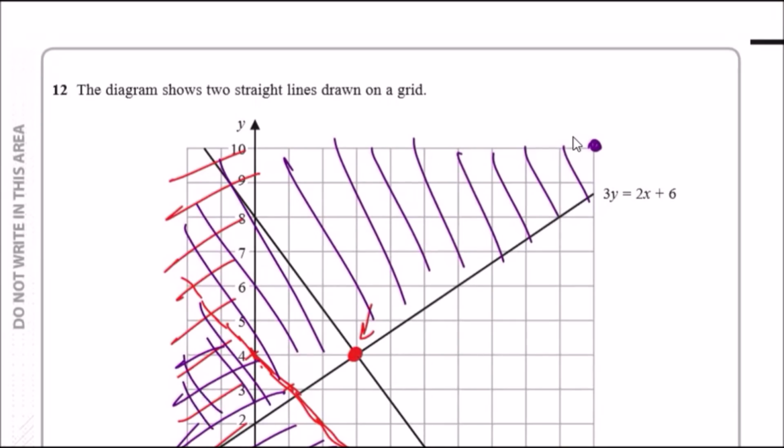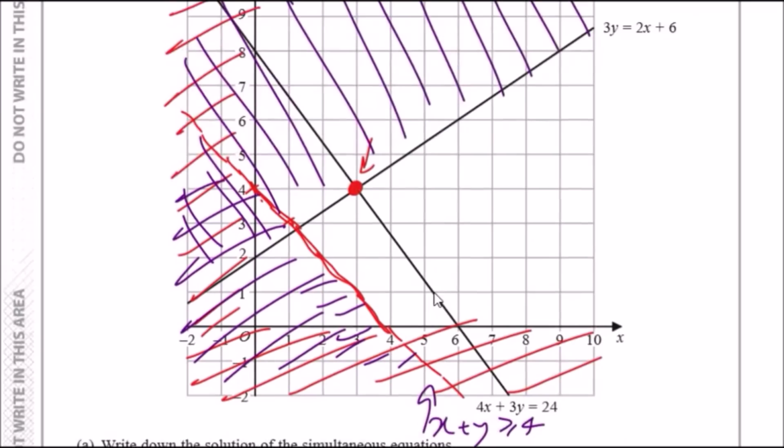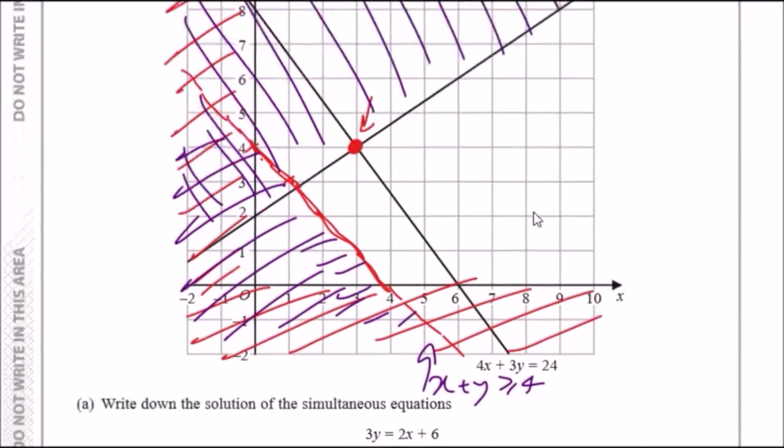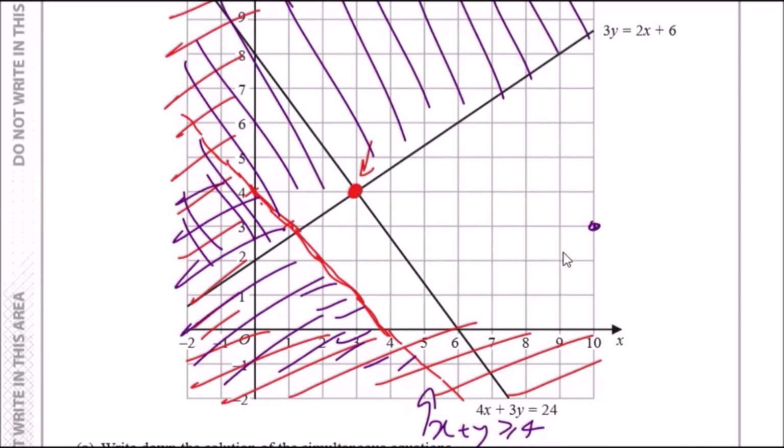Okay, so I hope you guys are getting it. If you already got it, that's good. But now we're going to determine if it's going to be this is true or this is true. So our final equation will be 4x plus 3y. So we're going to look at this line now and just pick a coordinate again. On the right side, I'm going to pick maybe this coordinate. So we're going to check if this side, the right side of this line is true.